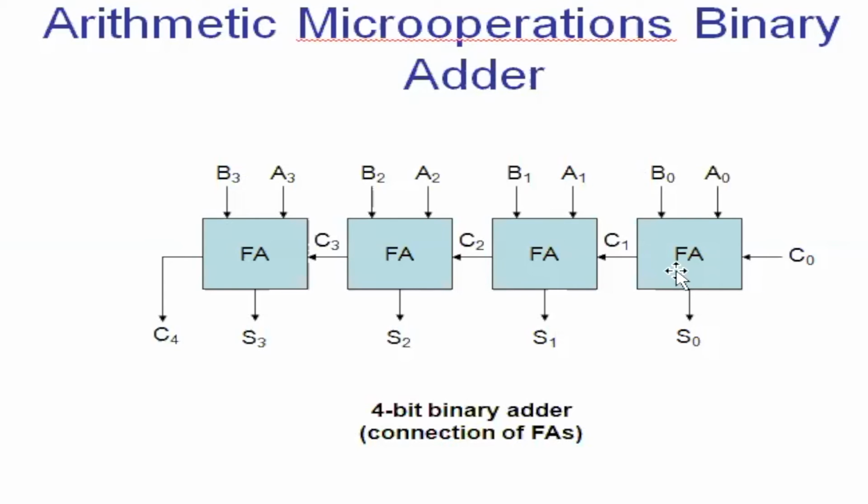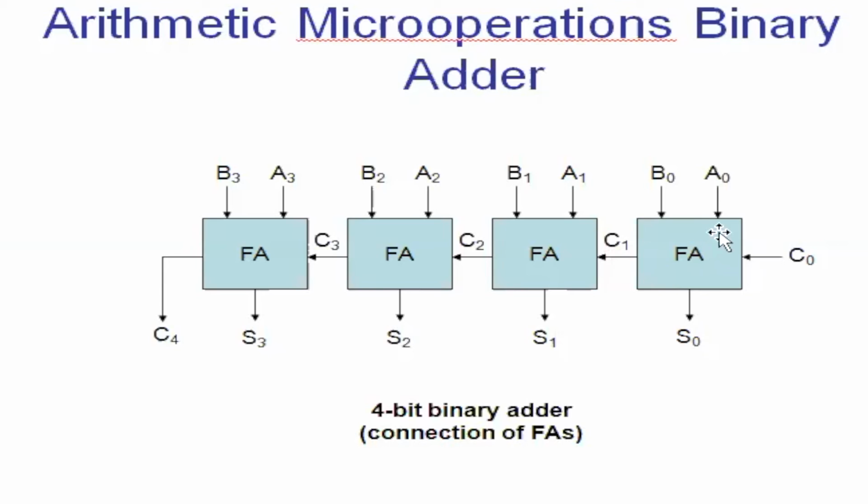So what I'll do is connect 4 full adders together. Each and every full adder receives 2 inputs, one from A and one from B: A0, B0, A1, B1, A2, B2, and A3, B3. All will get added, and it is going to give us S0, S1, S2, S3.